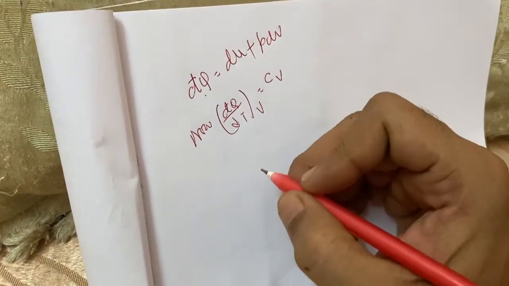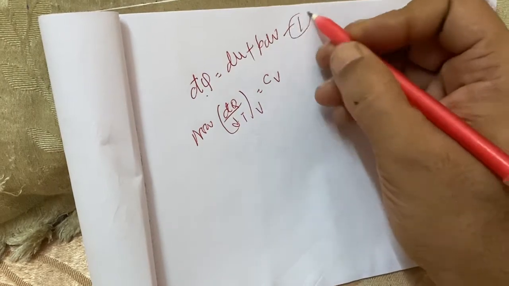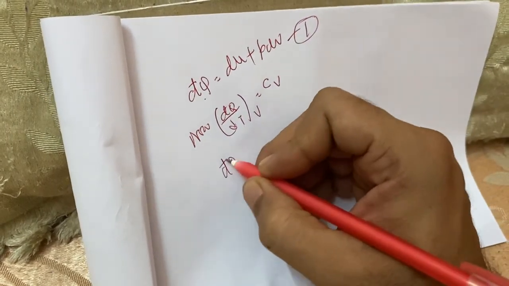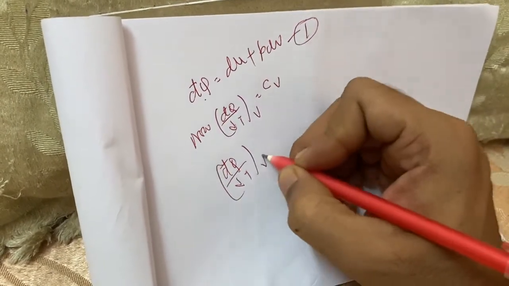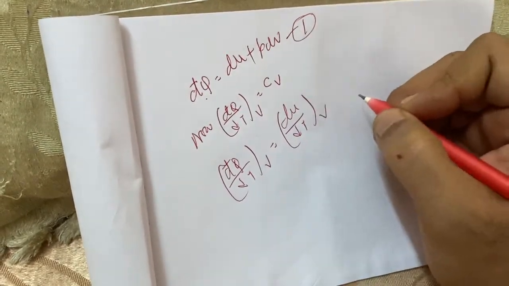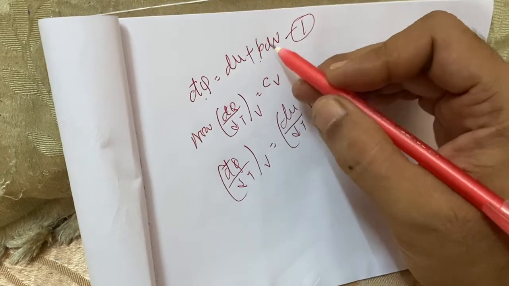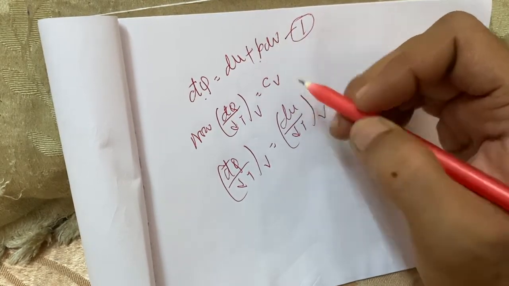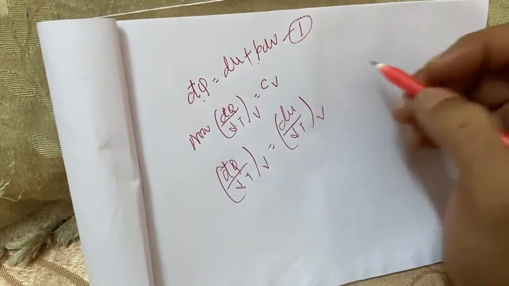If we apply this to the first law, dq by dt at constant volume is equal to du by dt at constant volume plus 0, because the pdv term vanishes since we are doing the experiment at constant volume.